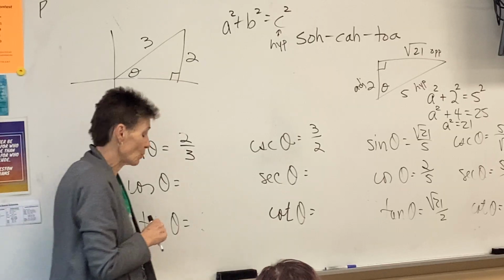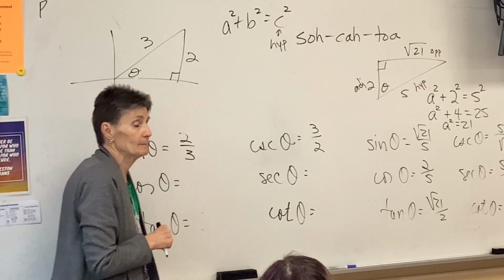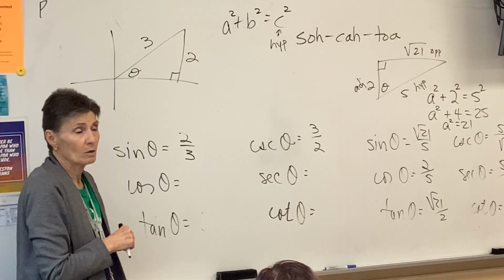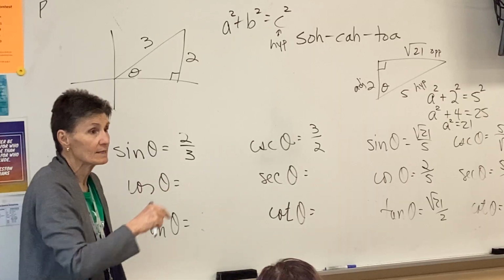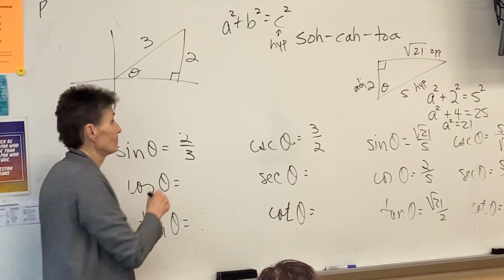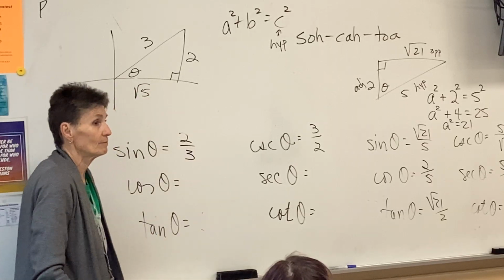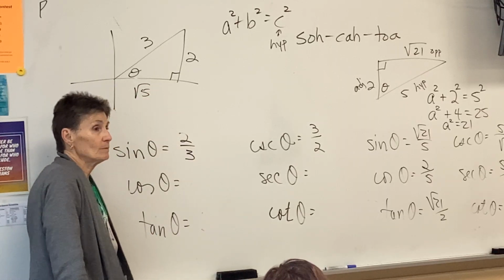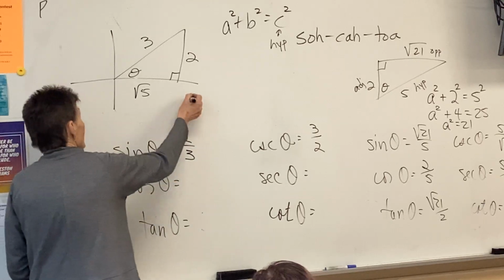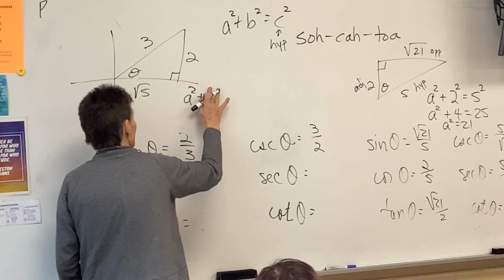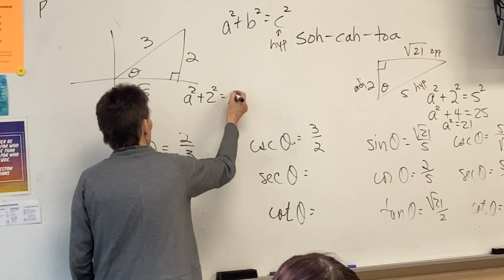Hint, if you say square root of 13, you are wrong. You're doing it wrong. If you say square root of 13, what is it? Square root of 5. Make sure you're getting the square root of 5. Remember, A squared plus B squared equals C squared.